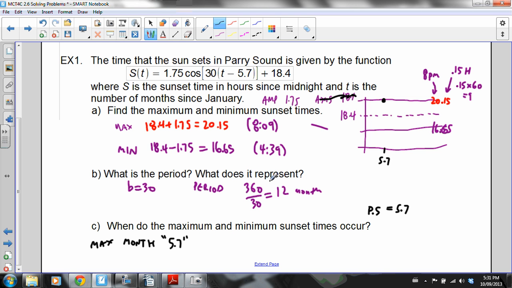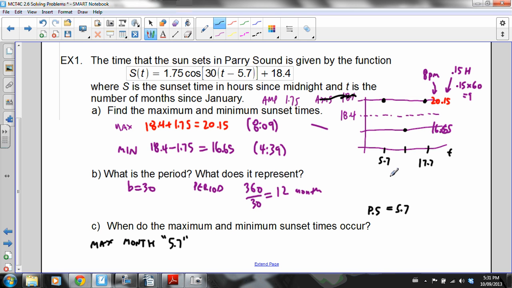And then I can start thinking about this. If the period is 12 months, that means in 12 months' time there's going to be another maximum. That's 17.7 months from January, because t is the number of months since January. Well, halfway between is going to be the minimum.